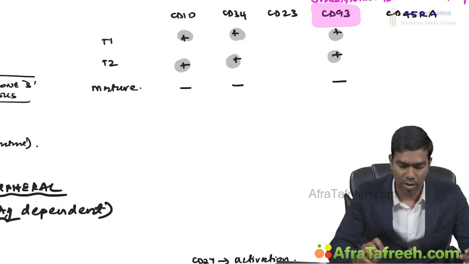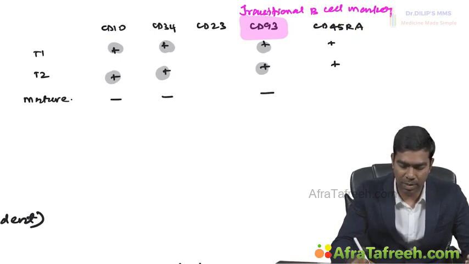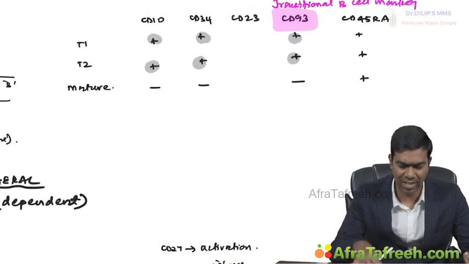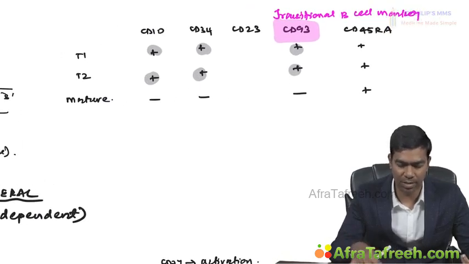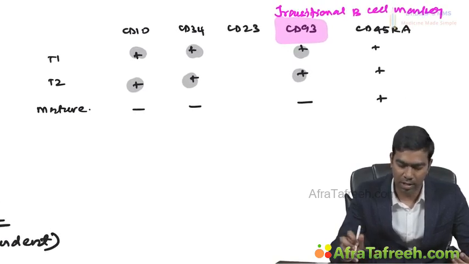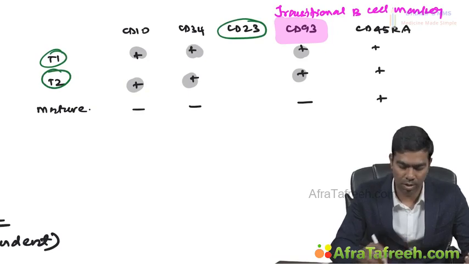Very important point. And remember, CD45RA is like a pan B cell marker, which will be expressed by all types of B cells. It is not only the transitional cells that express it. Even mature B cells will have CD45RA. Remember, only CD23 can differentiate between a T1 and a T2 cell. That's why this is important. So T1 and T2 cell, how will you differentiate them?